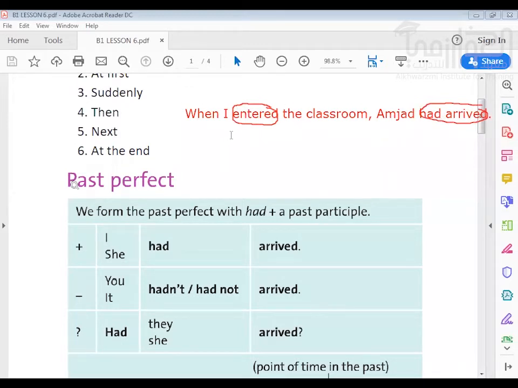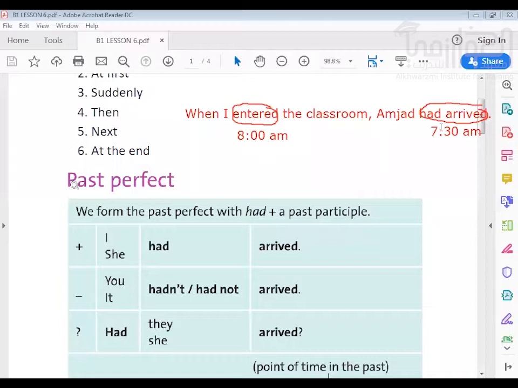So it is like this. The person entered maybe around, let's say, 8 a.m. But Amjad had arrived, let's say, 7:30 a.m. So this means that these two events all happened in the past.